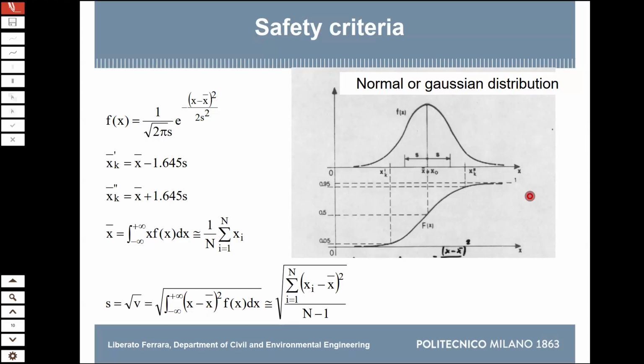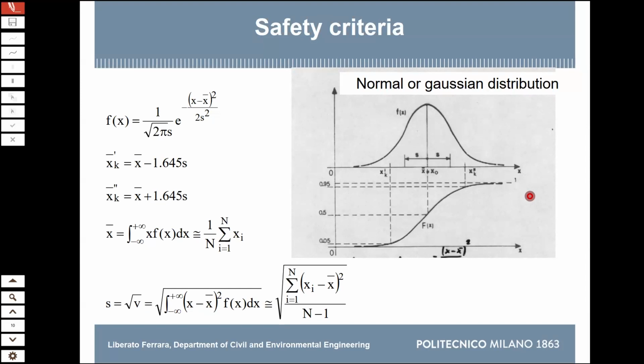The interesting thing is that if you calculate the integral of this function up to a certain value, that integral, which is the probability density function, gives you the probability that that phenomenon, that quantity, assumes a value lower than this.